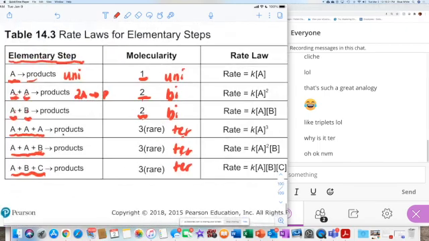So here is the other thing. It will appear as though I'm saying something and I'm contradicting myself in what I'm about to say. Okay. From the elementary steps, knowing the molecularity, you can write the rate law directly.